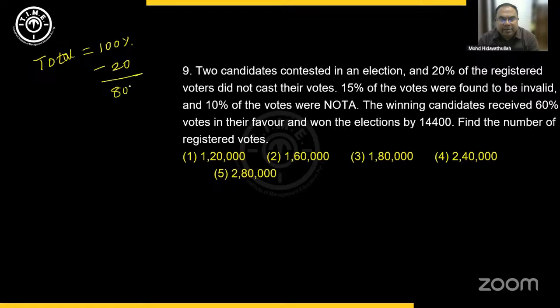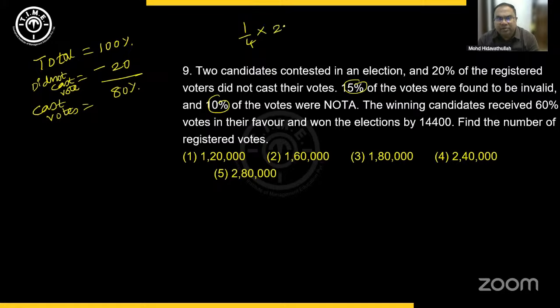So 80% are the people who cast their votes. Out of these, 15 plus 10, 25% are invalid. NOTA and invalid are both the same, right? You have to remove that.